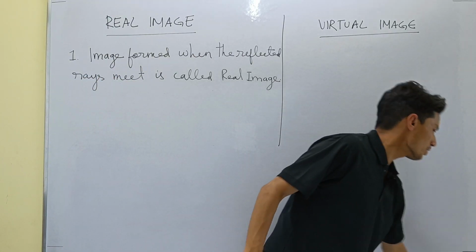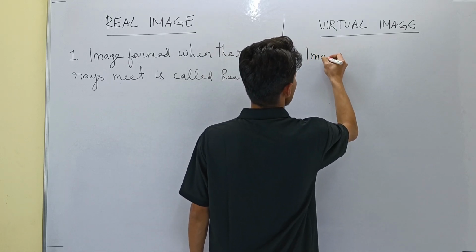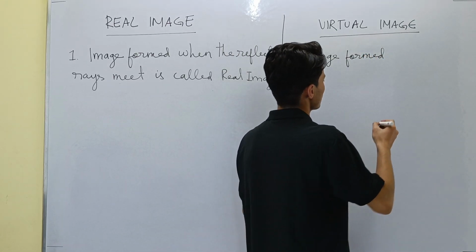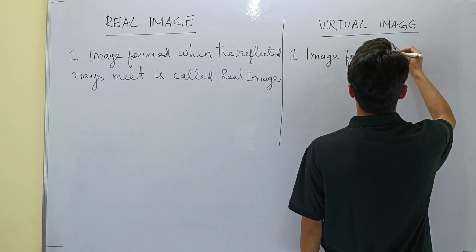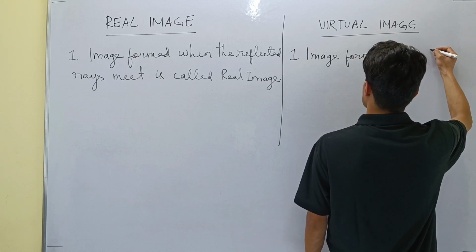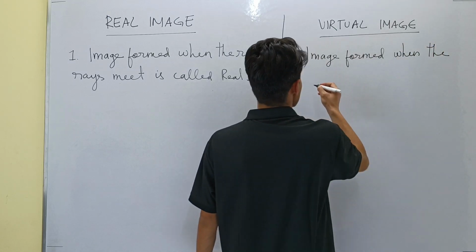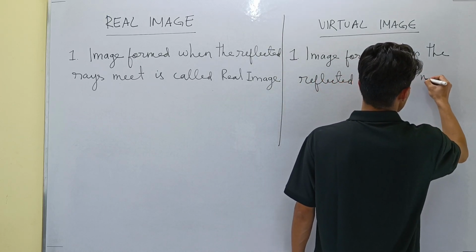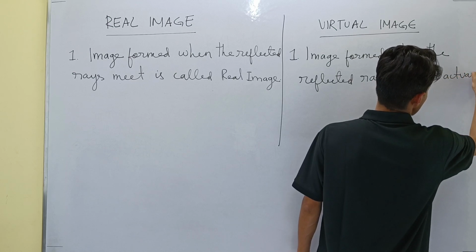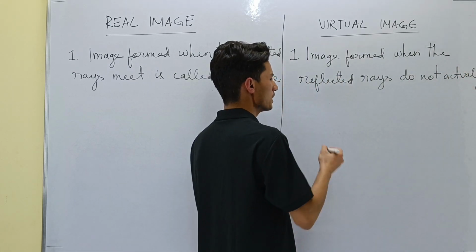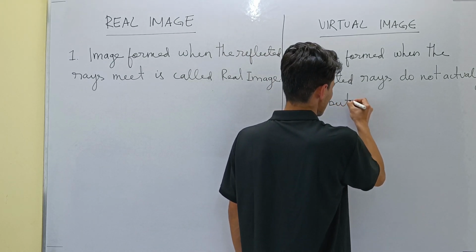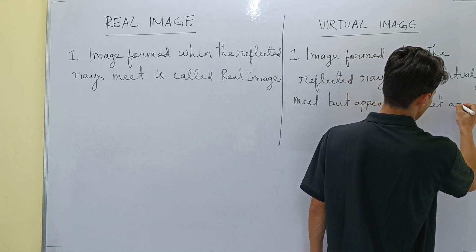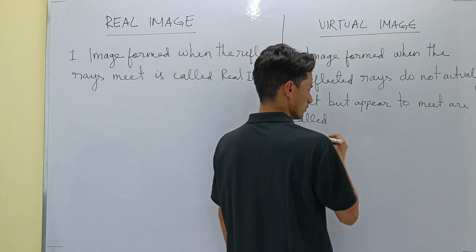Okay. Then virtual image. Image formed when the reflected rays do not actually meet but appear to meet are called virtual images.